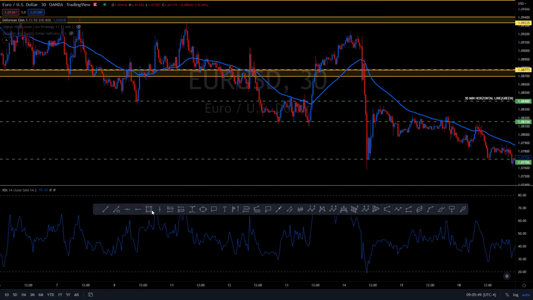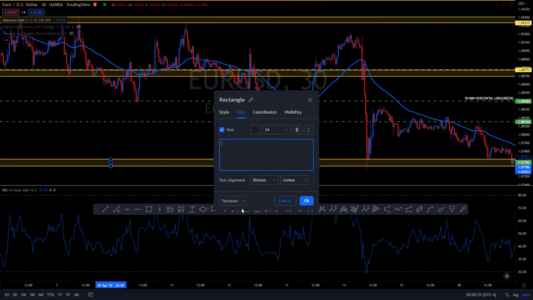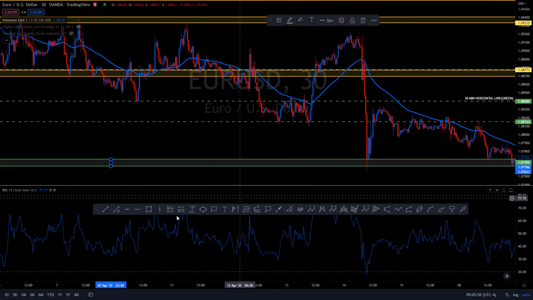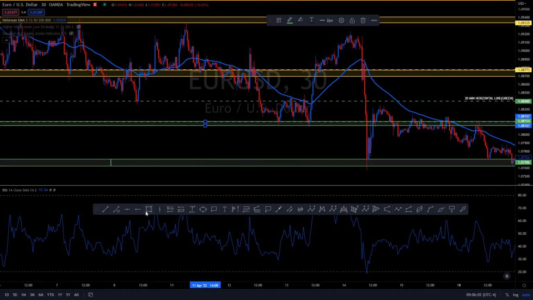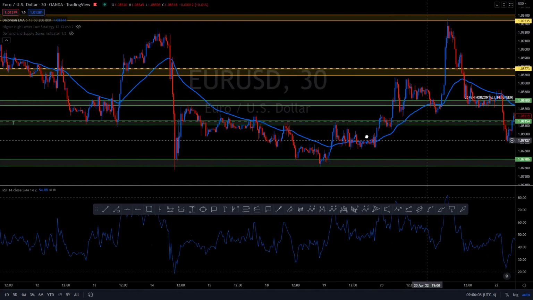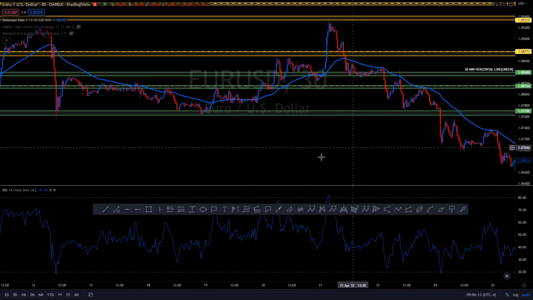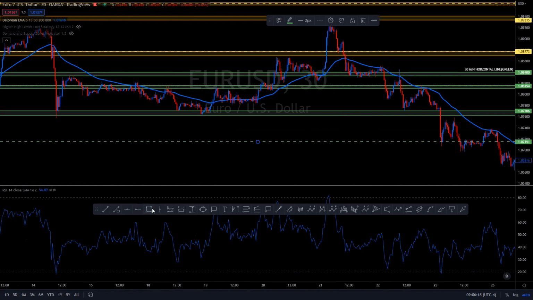So we're going to draw our zones there. Then I'll draw another supply zone down here, and then we'll move on to the 1 hour. I'm sorry, demand zone.